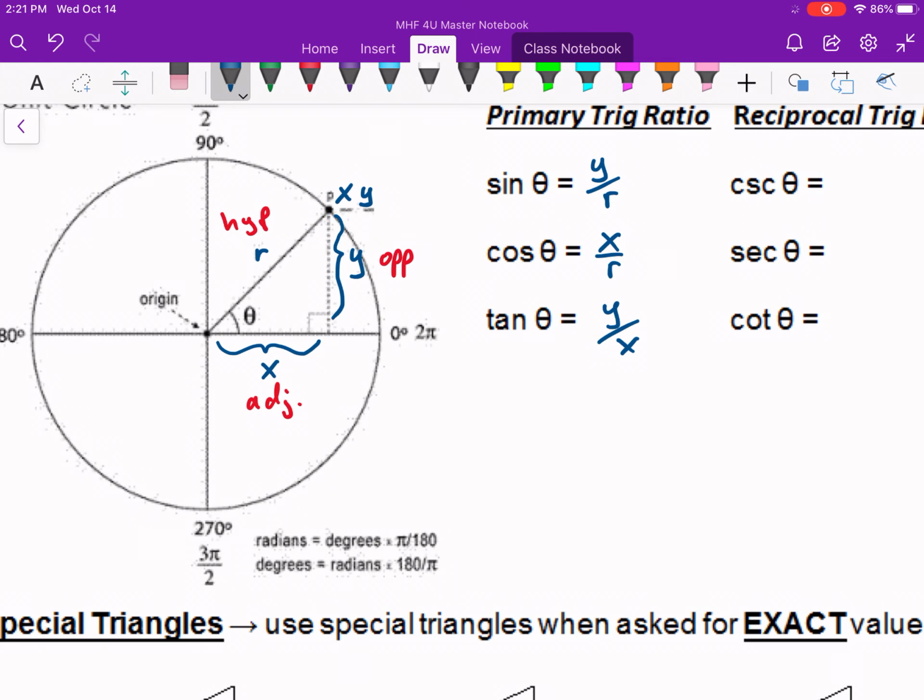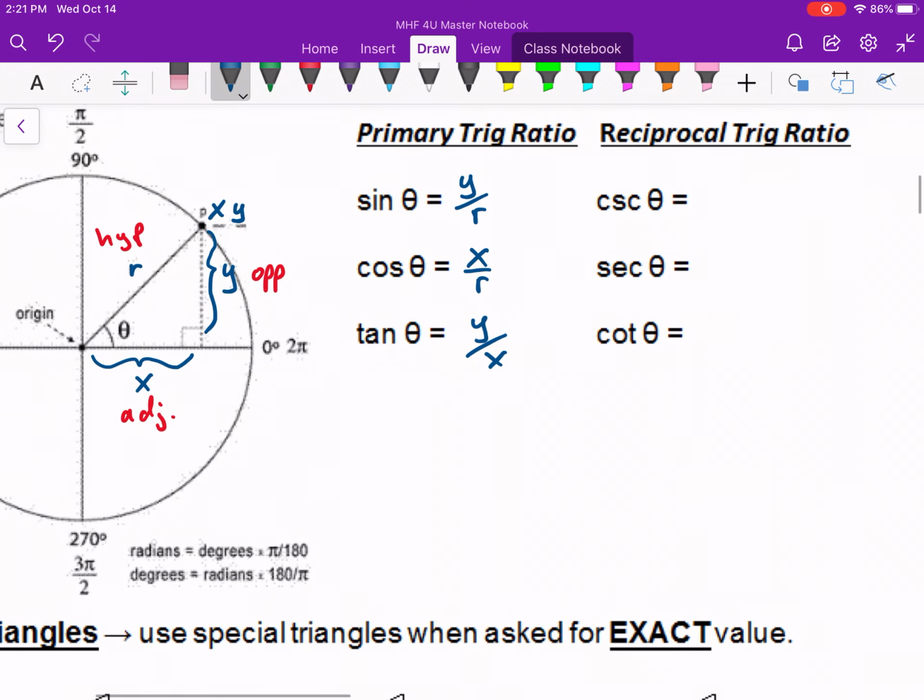And then for the reciprocal trig ratios, we just flip things upside down. So cosecant is the reciprocal of sine, so it's going to be r over y. And secant's the reciprocal of cosine, r over x. And tan, flipped, reciprocated, becomes cotangent, that's x over y.